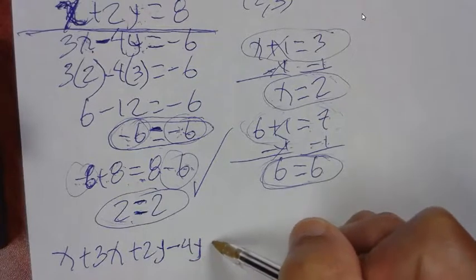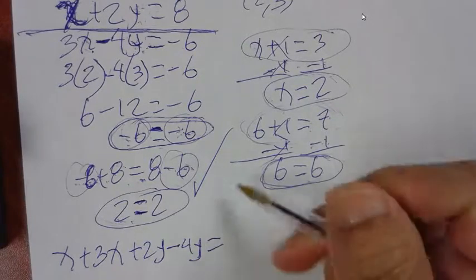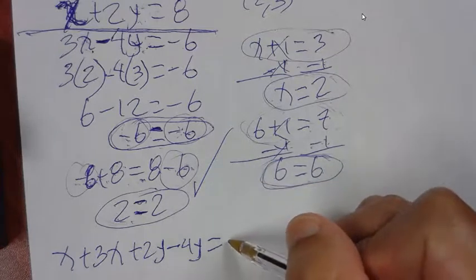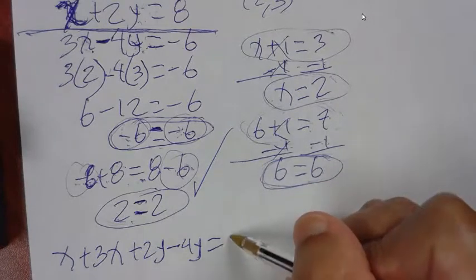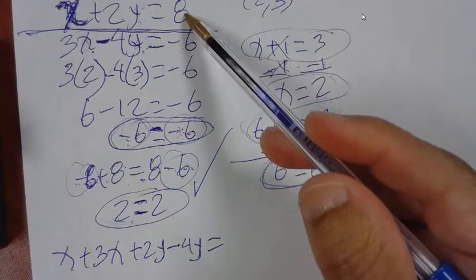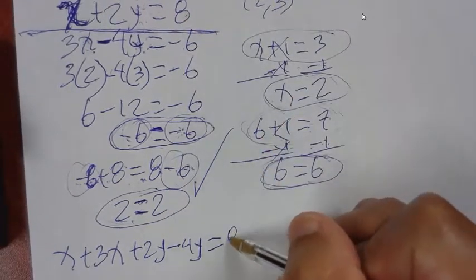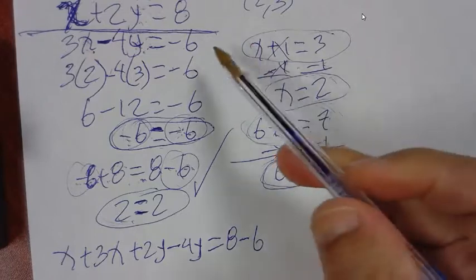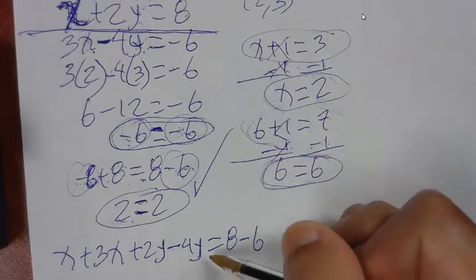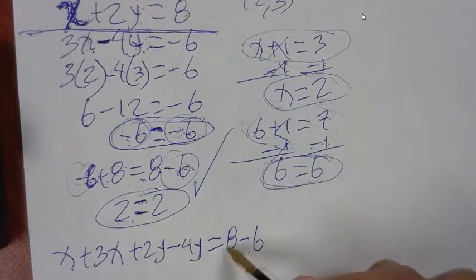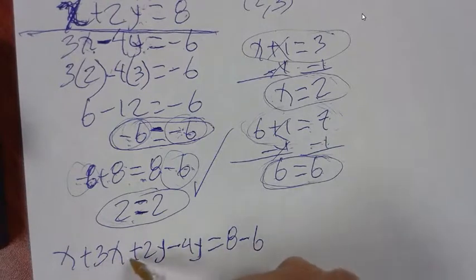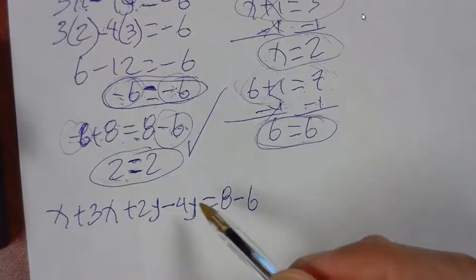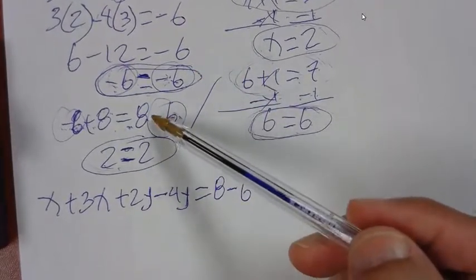You still don't have to write anything down yet, because I'm just giving you this example here. And then I have an 8 from the first equation and a negative 6 from the second equation. Alright, now we have them all combined in one single equation, and we already know that that's mathematically correct.